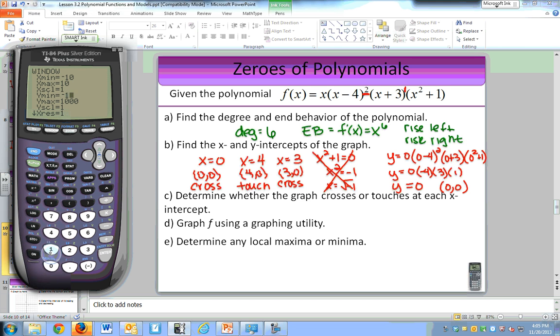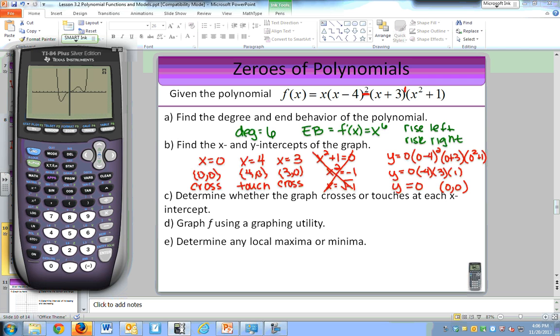So we can do this one, negative 1,000 also. All right, there we go. So you got to change your window a little bit so you can see the max and the min. So in your calculator, you need to change your y min to negative 1,000, y max to 1,000. 500 might have worked also, but at least now we can see where the max and the min is.